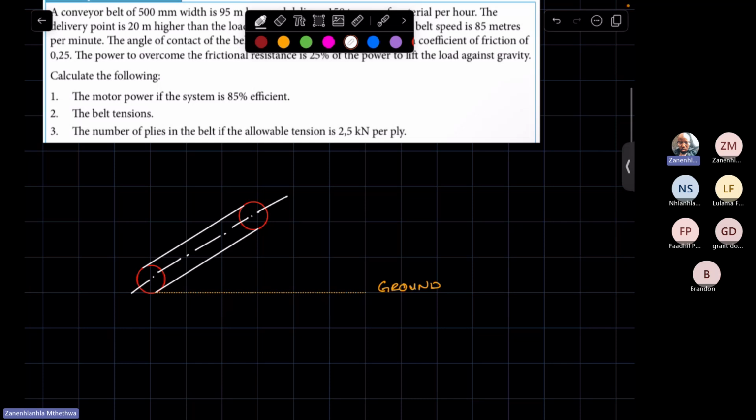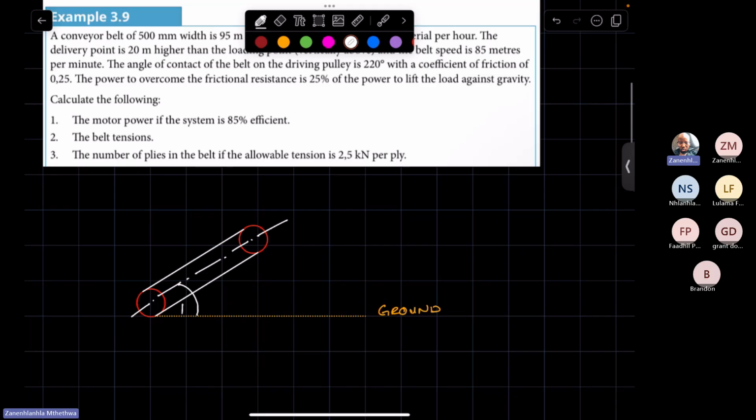So this is making an angle, let's call it phi. So here, this would be the loading point, and that would be the delivery point.